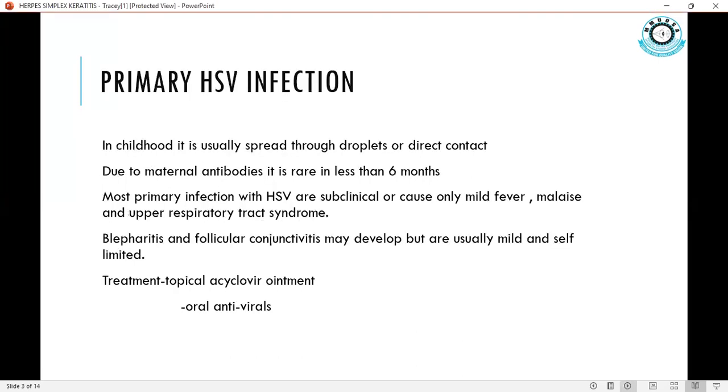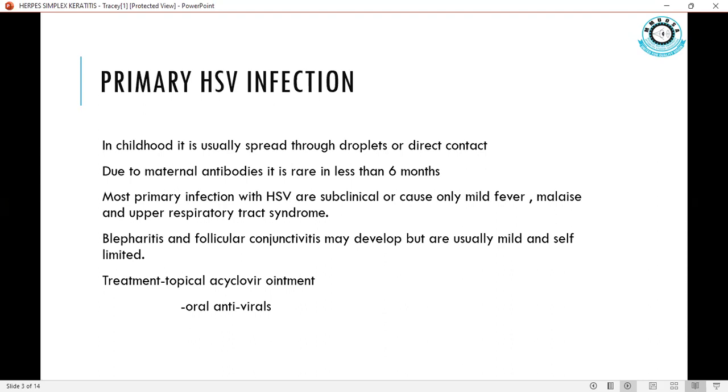Where we'll have now the primary infection of HSV. So in childhood, it's usually spread through droplets or direct contact. Let's say during birth, when the mother is giving birth to the child, if there are infected birth canals, that's where it's being transmitted from the mother to the child.